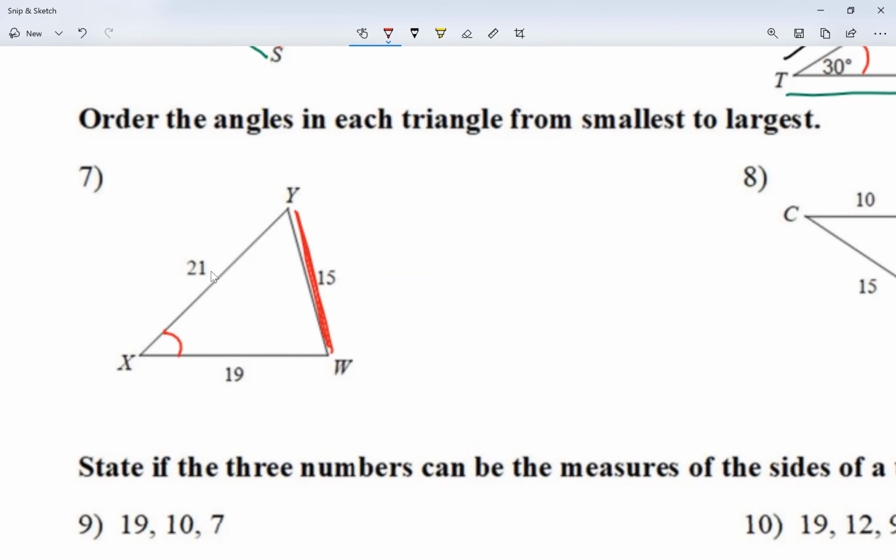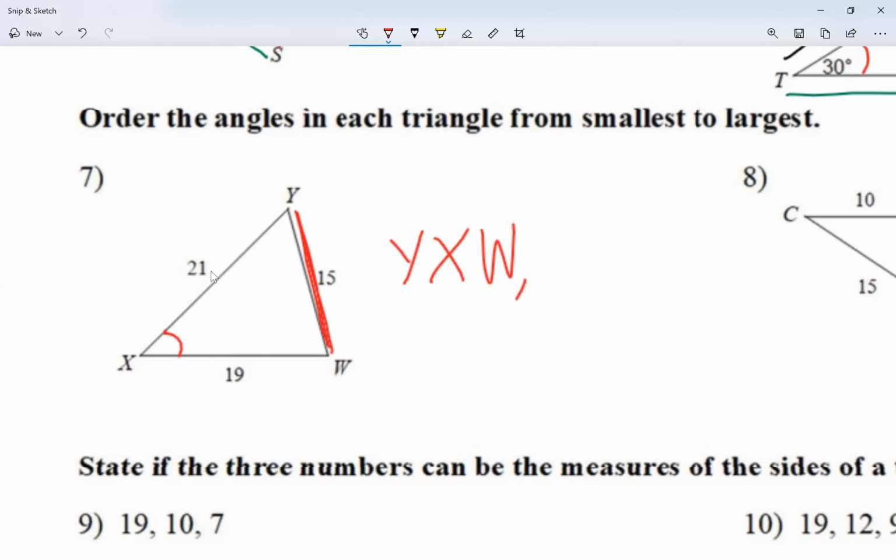So for that angle, the one I marked in red, I'm going to use the 3 letters that make the triangle: X, Y, and W. But in this case, X has to be in the center. So I'm going to call my first angle YXW.